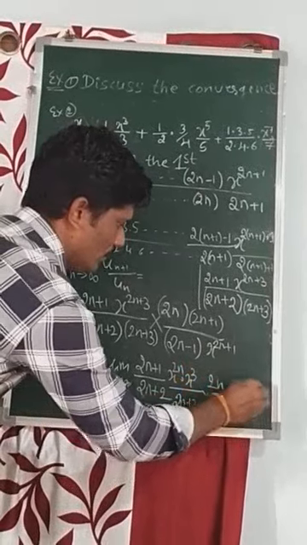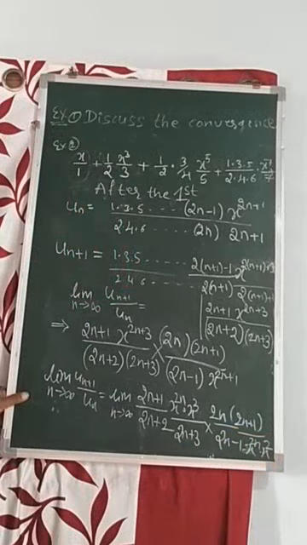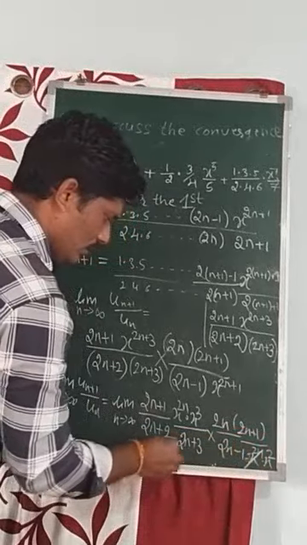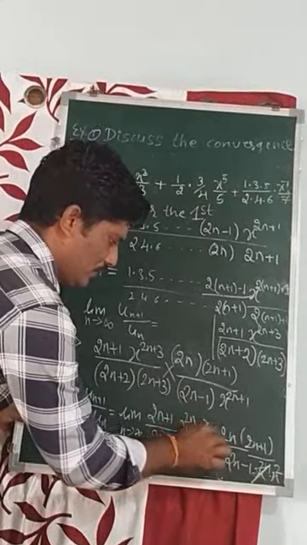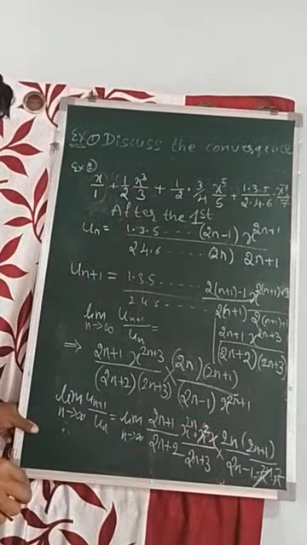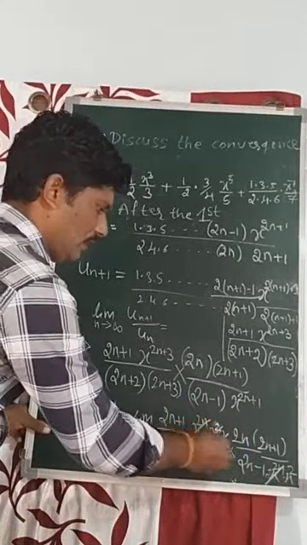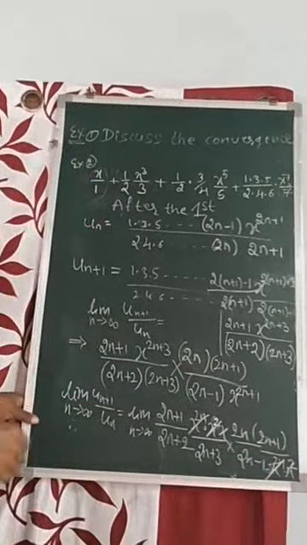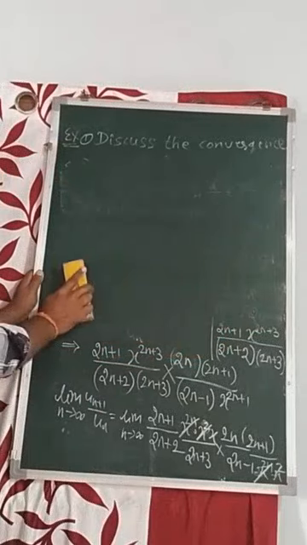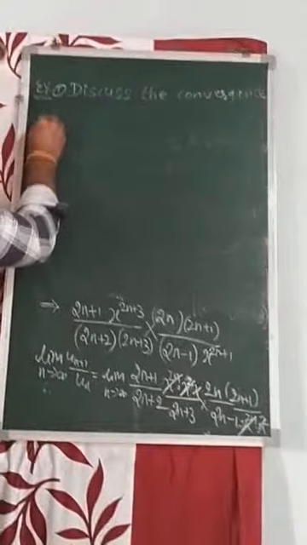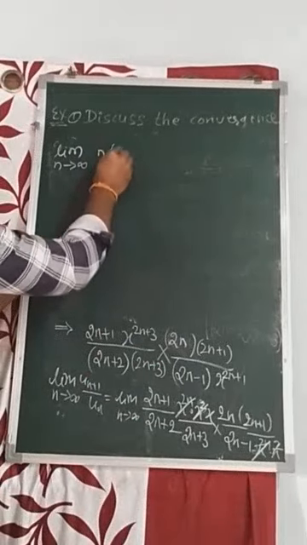Here x raised to 2n and x raised to 2 cancel. Here x cube is x square into x, so x square cancels. Next we get, applying the limit n tends to infinity, in this term taking n outside, n into 2 plus 1 by n.